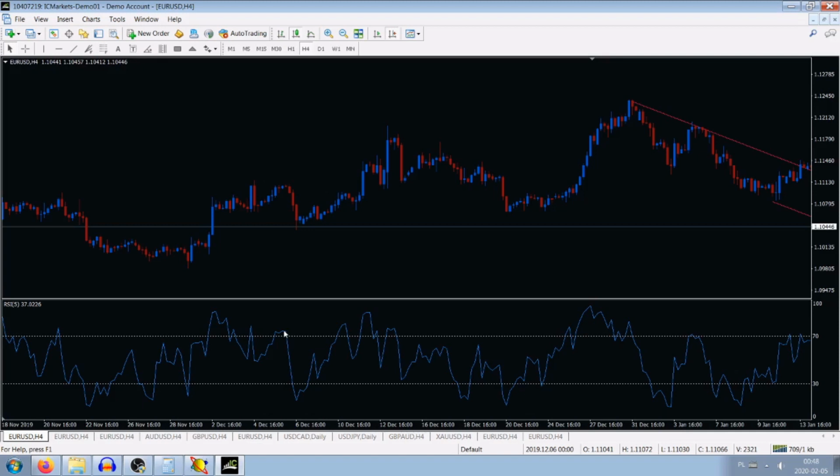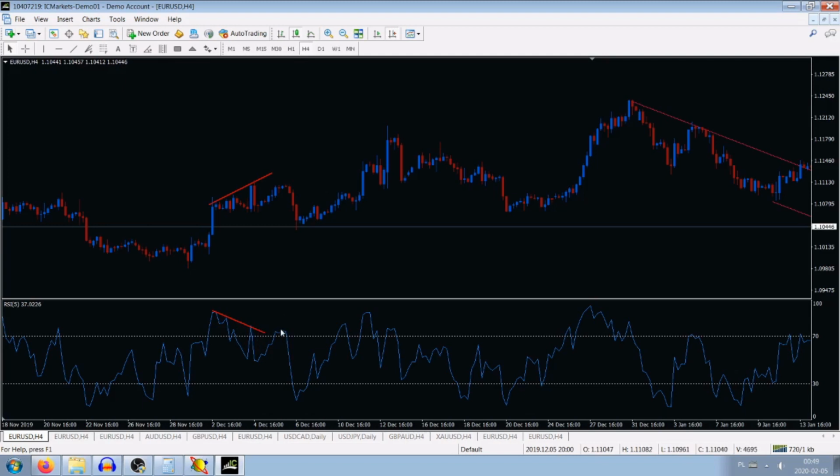For those of you who don't know, divergence happens when the price, like here, makes higher highs and the indicator makes lower highs. So this is the divergence. We got a line up here, and here we go, line down.